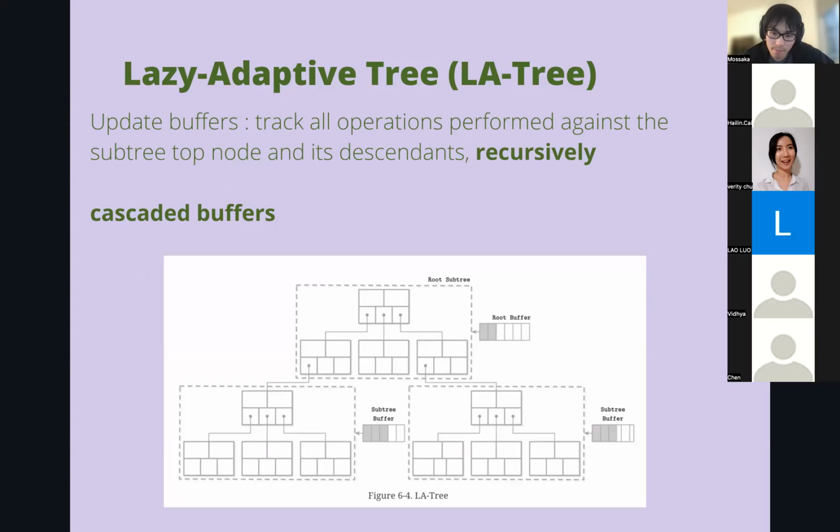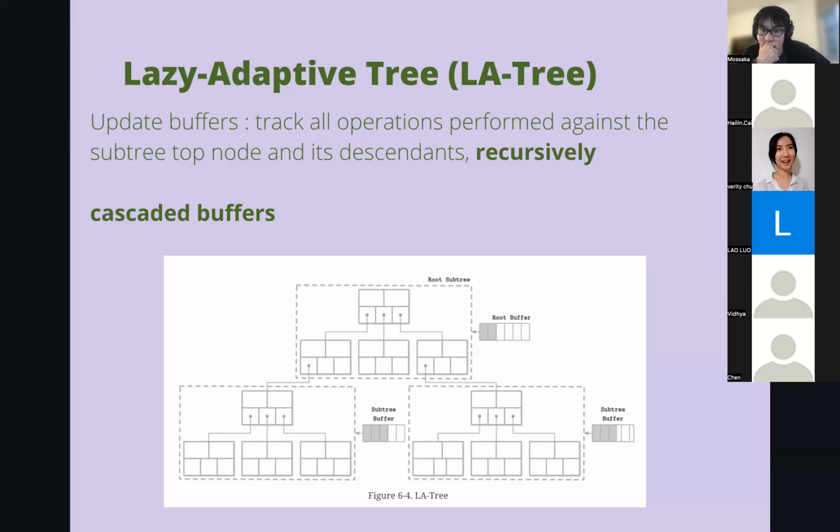As you can see on this page, we have a graph to demonstrate. In LA trees there are buffers, but these update buffers, rather than being for each single node, track all operations performed against the subtree's top node and its descendants. You can see in this graph there are three buffers.